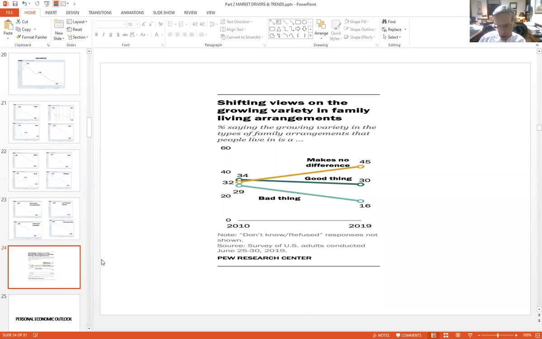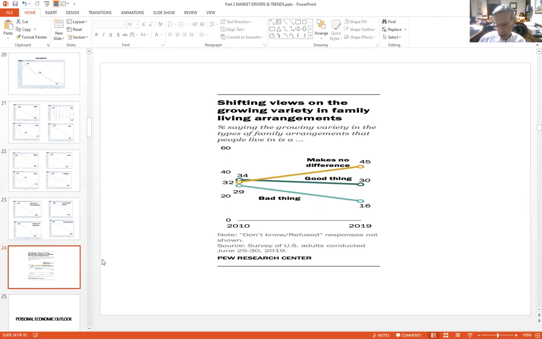Back in 2010, about a third of the population didn't have any particular opinion about alternative living arrangements, living arrangements exclusive of conventional families. And a third said made no difference, a third said was a good thing, and a third said not so good.